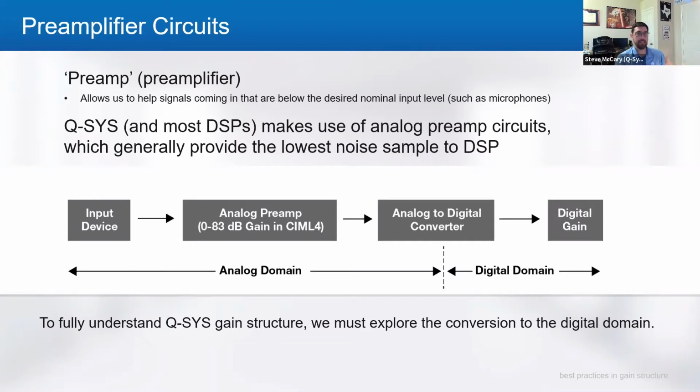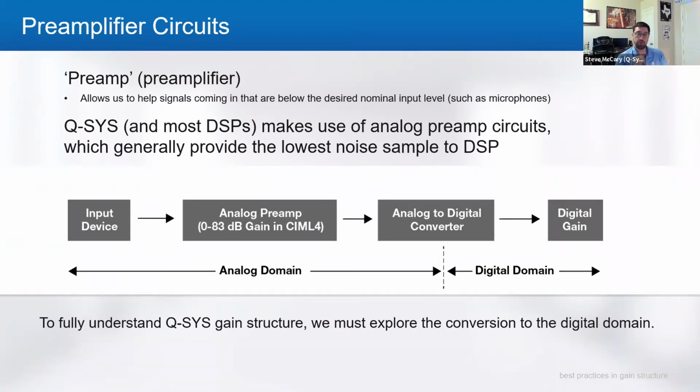Once we get into the digital space, so once we get past that analog to digital converter, Q-SYS uses a floating point DSP, so everything is just relative. We can scale up, we can scale down, all of that. So that's why it's really critical to have a nice, clean signal when we hit that AD.